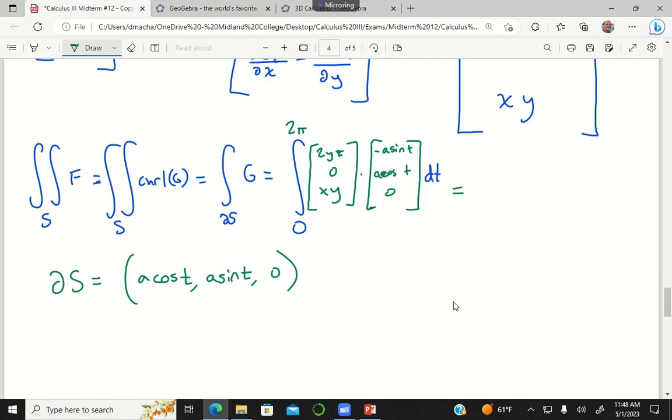Okay, now look at the dot product. In the dot product, 0 times a cosine t is 0, xy times 0 is 0. And so what I'm left with, the only thing that remains in my integrand is going to be 2yz times negative a sine t.